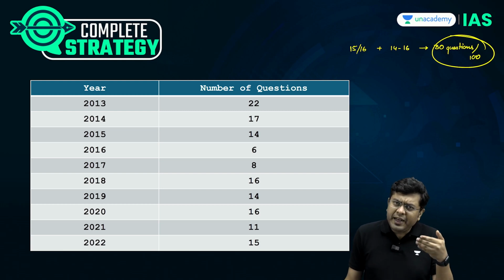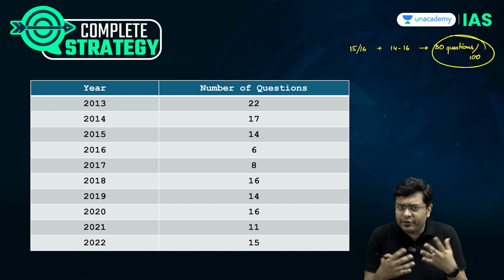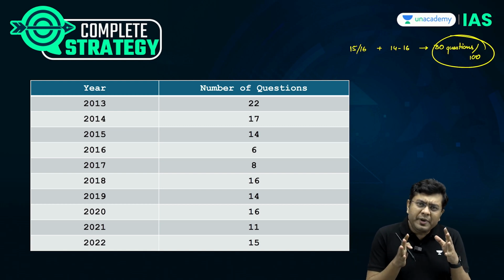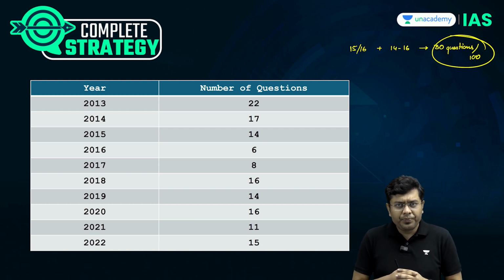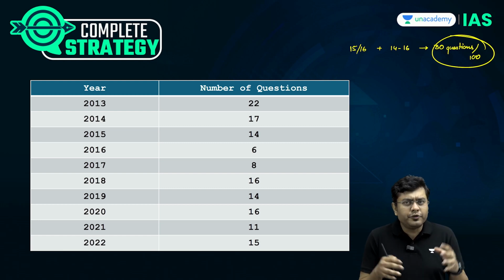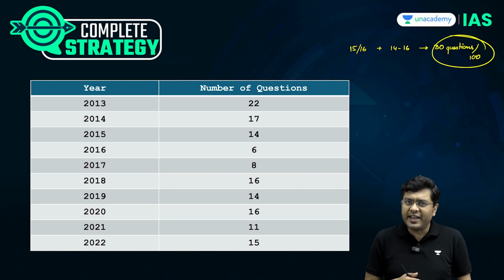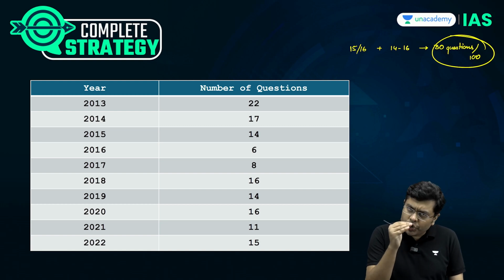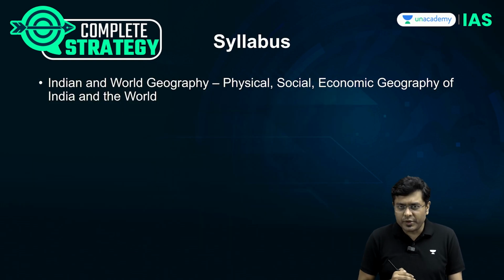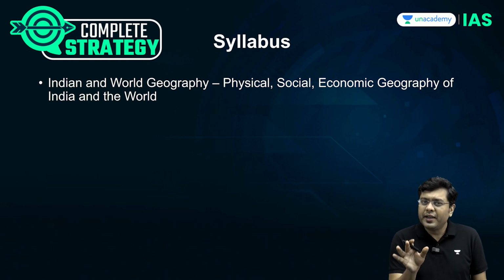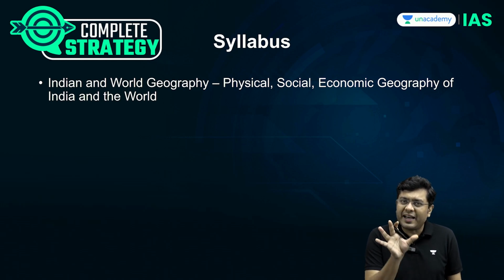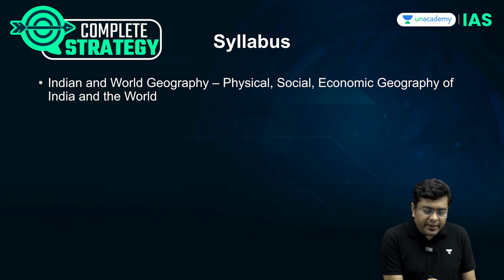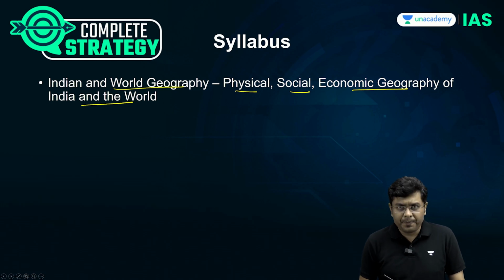But before we talk about how to strategize your preparation, one needs to be very clear about what the syllabus is. Now, the syllabus for the subject of geography, which is mentioned in the notification itself, is considered to be the briefest and shortest that UPSC has mentioned. This is what the notification mentions as the syllabus of geography: Indian and world geography, physical, social and economic geography of India and the world.